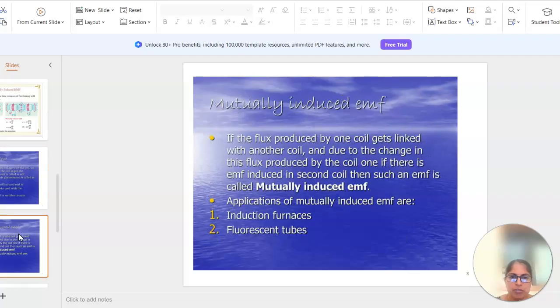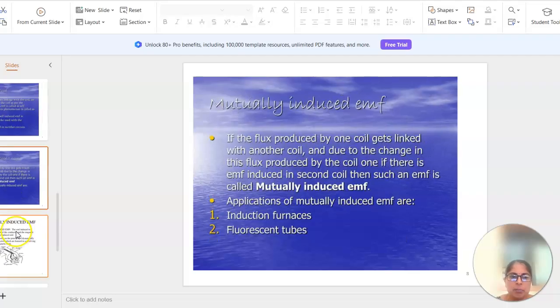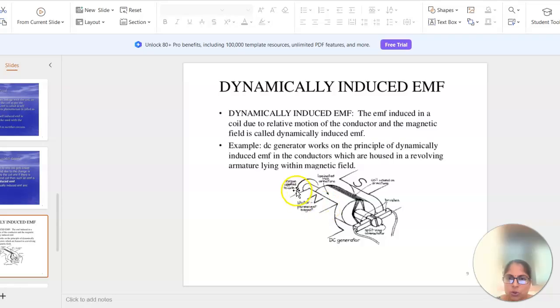Dynamically induced EMF means the conductor part is rotating in nature. In statically induced EMF, we are not rotating the conductor; only the current passing through the circuit is changed to change the rate of change of flux. Here in dynamically induced EMF, the conductor is moved. The conductor is not kept stationary.